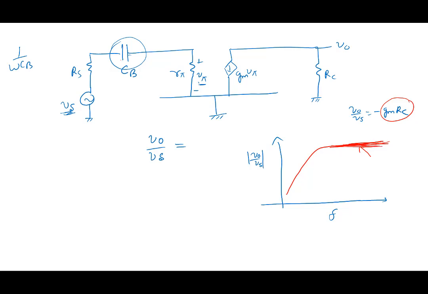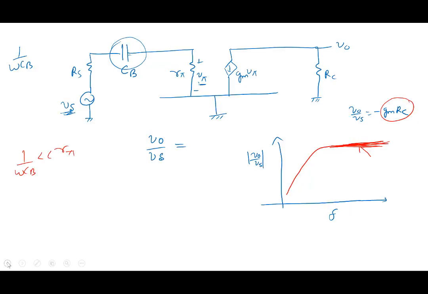So what is happening? Frequency is so high that 1 over omega CB is actually much smaller than, let's say, R pi, and therefore there is very little drop here. Now, what will be the 3 dB frequency for this?